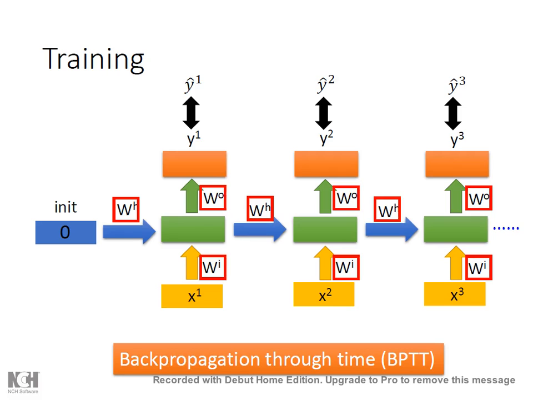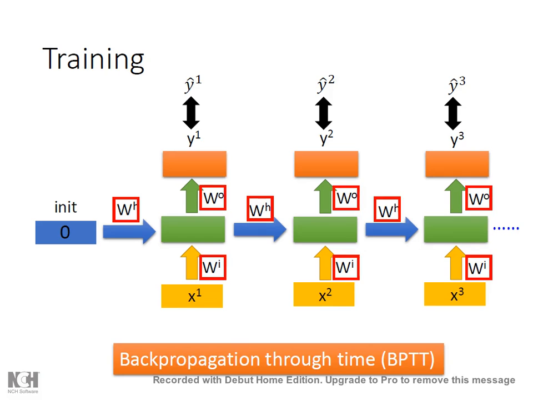But such a network is very difficult to train. It's too complicated. So in the training phase, very smart researchers developed backpropagation through time, called BPTT. BPTT is the idea to do the backpropagation. The basic idea is very similar, but this time we add one more weight, the weight for your memory.